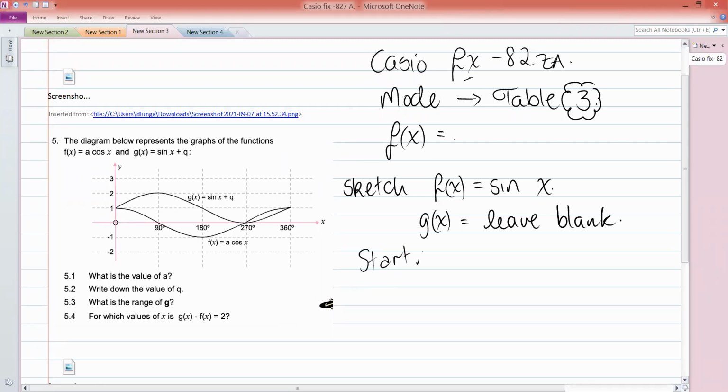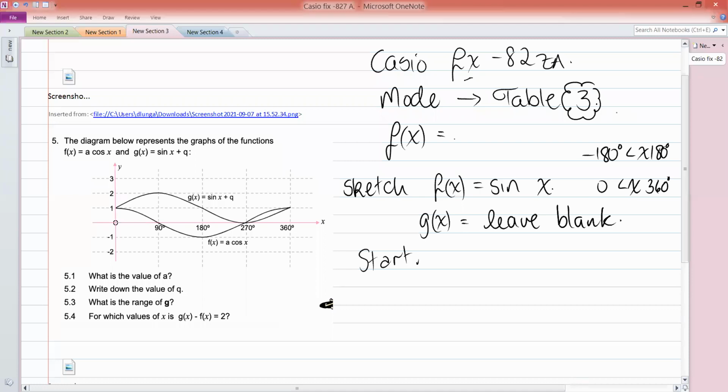Your start point. Now, in the sketching of the graph, they'll tell you what the restriction is going to be, or from where to sketch it. So they'll write it as either x is between 0 and 360 degrees, or they could write it as from negative 180 to 180 degrees.